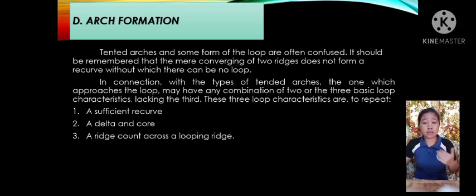In connection with types of tented arches, the one which approaches the loop may have a combination of two or three basic loop characteristics. These are a sufficient recurve, the delta and the core, and the ridge count across the looping ridge.